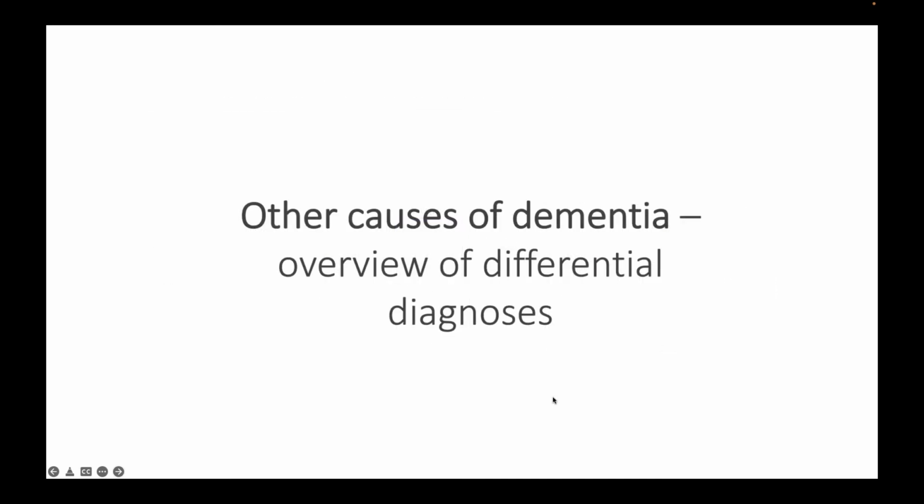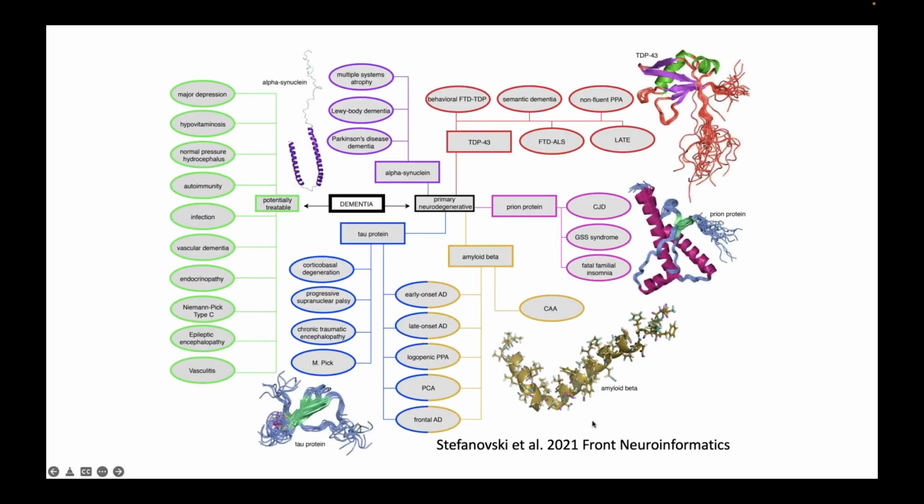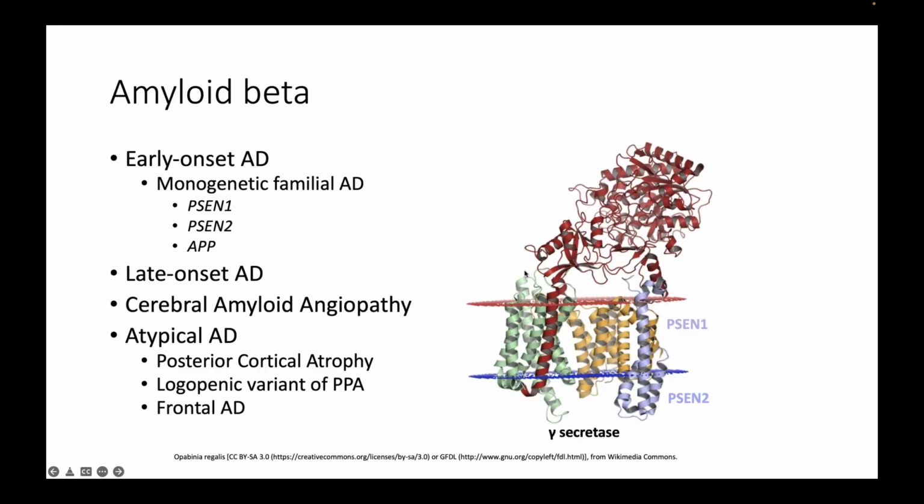Okay, so this was about Alzheimer's. So I will just very quickly also give you an overview of the other causes of dementia, and then directly switch over to the simulation of mainly Alzheimer's. So now we come back to this mind map, and I just want to shortly mention that in the spectrum of the amyloid beta related diseases, we have, besides Alzheimer's disease itself, also some variants of it.